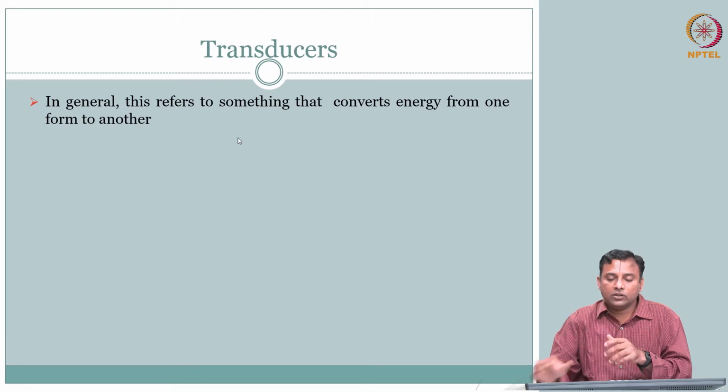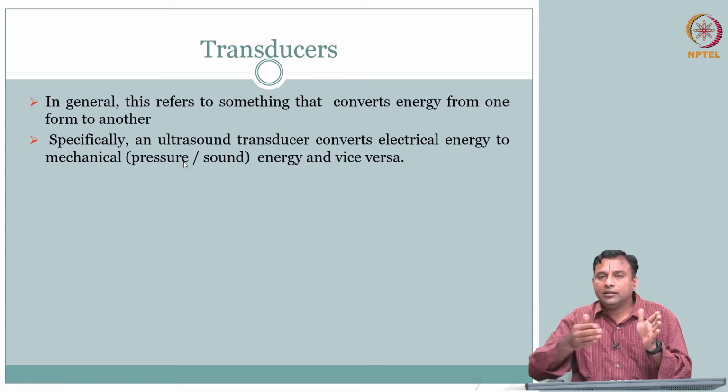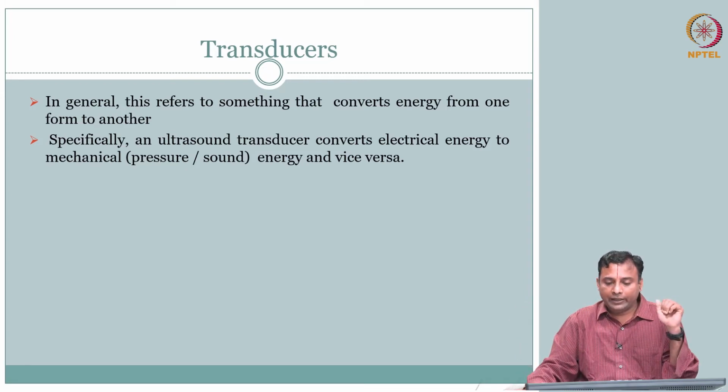The signal that is interacting in the body is a mechanical pressure wave. However, the signal that you are going to handle and process is going to be electrical. So, this transducer essentially does this conversion. On one side you supply voltage, it generates a pressure wave. On the other side, when the pressure wave hits, you want to convert it to an electrical quantity.